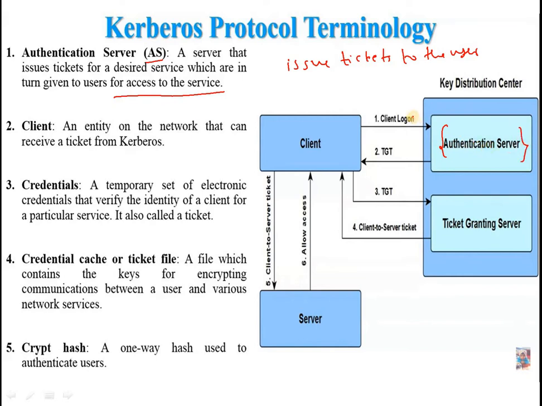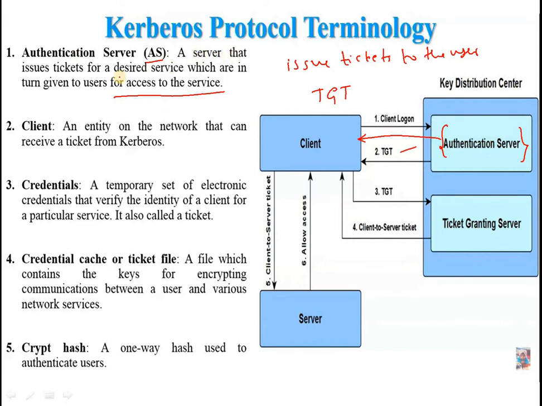The authentication server takes this login information and sends back the TGT, as you can see in the second step: the ticket granting ticket. It will generate the ticket and send that ticket back to the client.